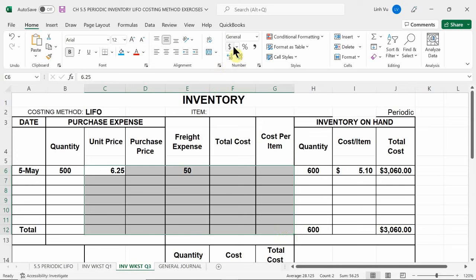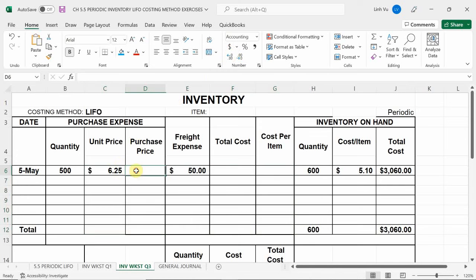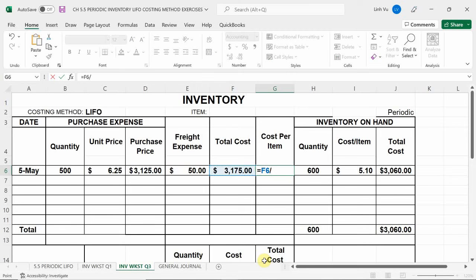So in this case, we already know what quantity times unit price is, or purchase price, $3,125. Total cost is going to be the purchase price plus the freight, so you're at $3,175. Now the one thing that we need to do is solve for the cost per item, which is your total cost divided by your quantity.